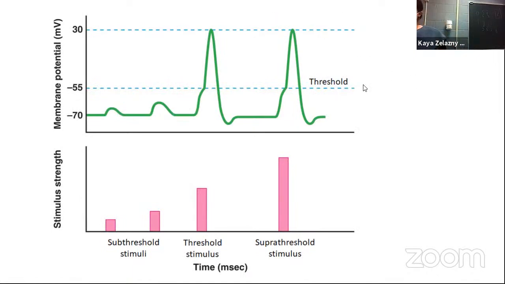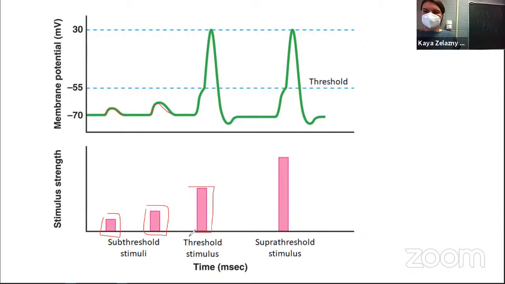So here we just see more images about this, right? Here we have stimuli, subthreshold stimuli, graded potentials of different sizes. We have a small one, we have a bigger one. Neither of them were big enough to kick off an action potential, so they just fade away because our graded potentials are decremental, they decay, they fade.